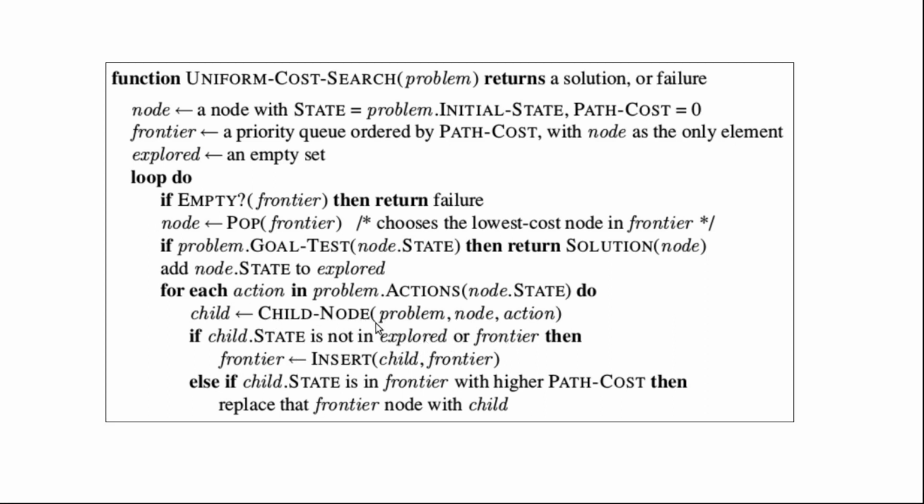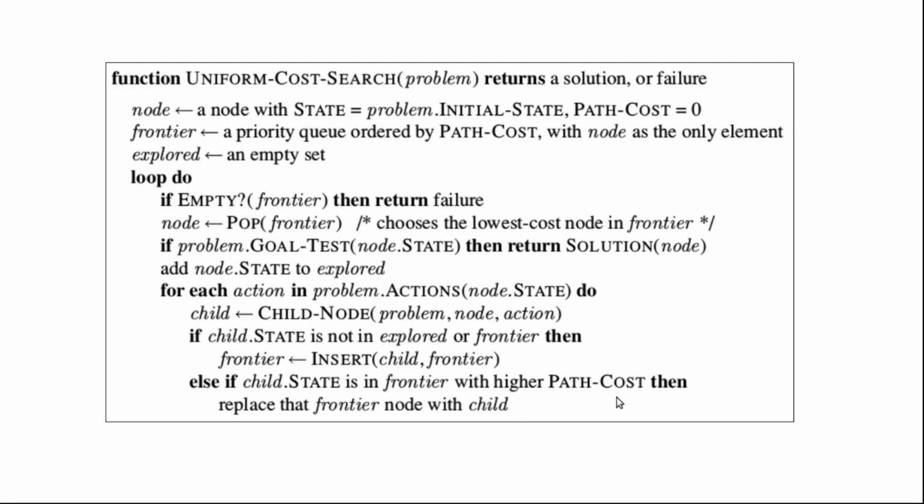However, if the child node is present in the frontier list but not in the explored set, in that case we will check whether this new path is a more optimal one than the earlier path that we had.